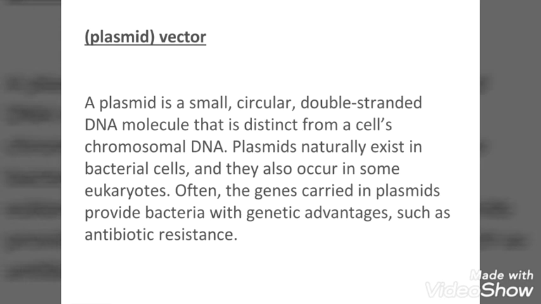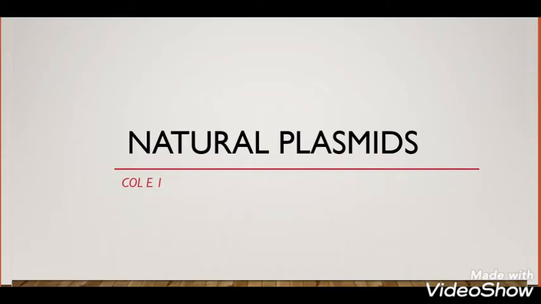Here, the genes carried in a plasmid provide the bacteria with a genetic advantage, meaning the plasmid present in the bacteria has its own advantages. That bacteria can resist antibiotics. If a particular antibiotic resistant gene is present in that plasmid, the bacteria automatically resist that type of antibiotic.